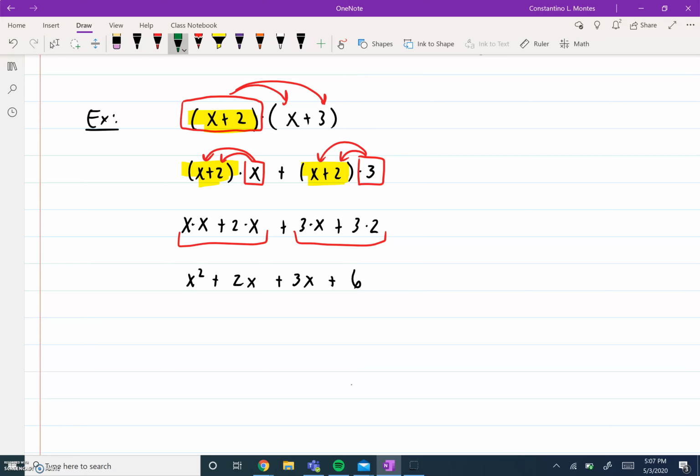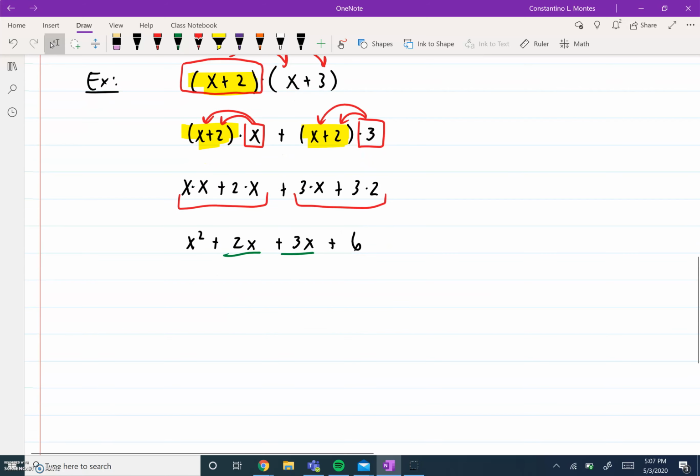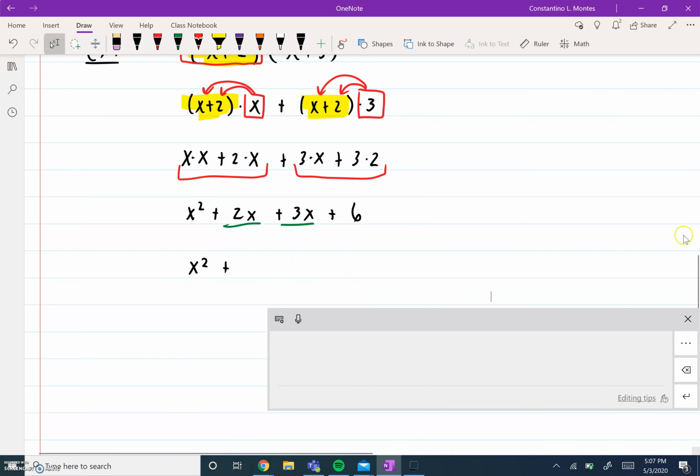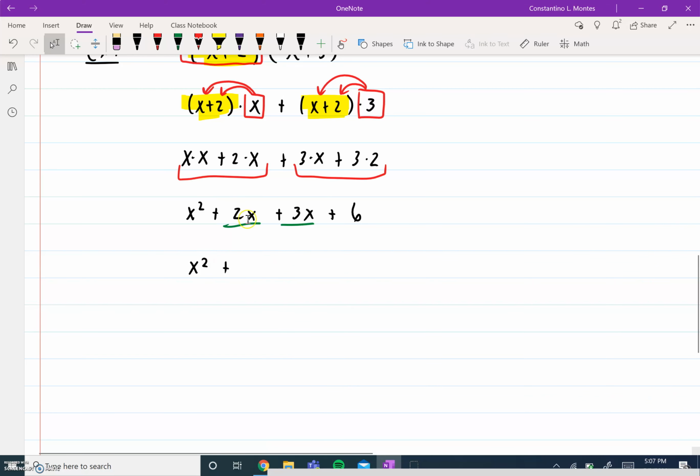There's only one thing you have to realize, is that these two terms are alike. They both have x's. And we can combine them. So I have x squared plus 2x and 3x. And 2x and 3x are going to combine to give me 5x. And then plus 6.